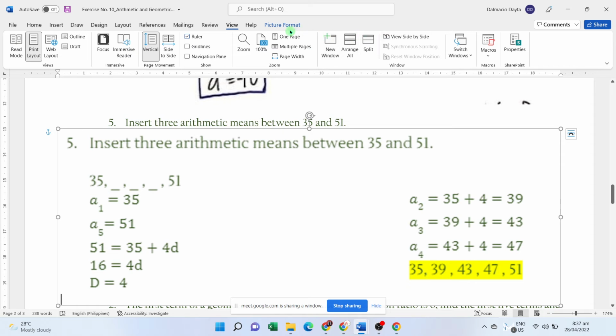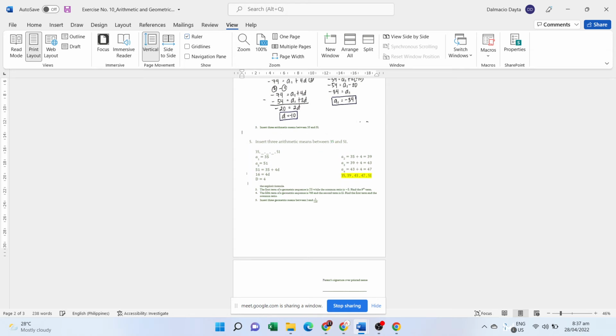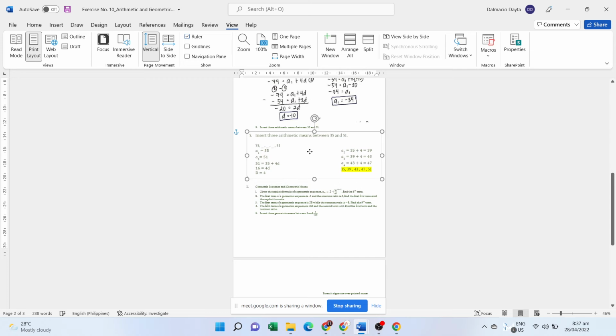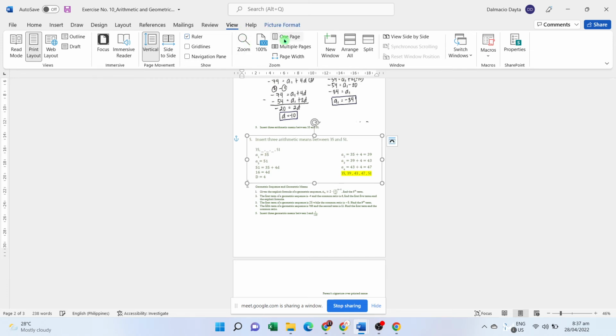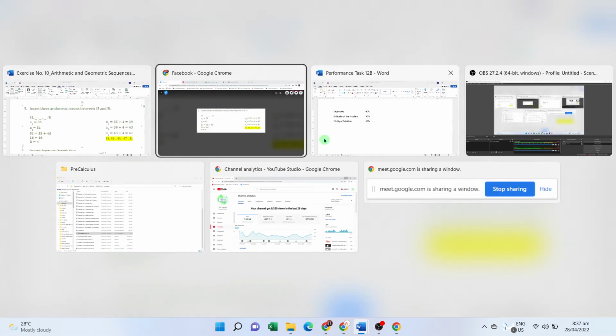Wait lang, class, ha? Hindi ba nasisira yung screen kasi nagtatagal-tagal ako on my part. Okay. Okay, Anjanette, will you please?